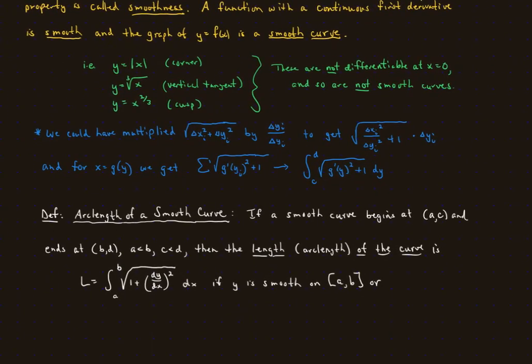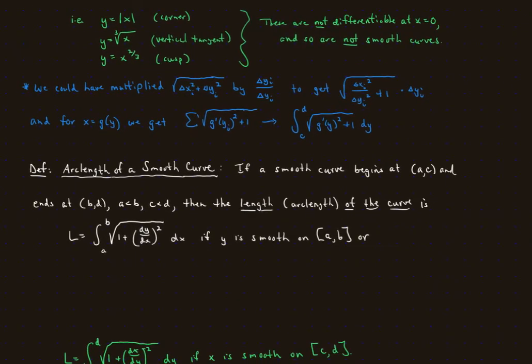Now, going back to how we derived our formula for arc length, when we chose to multiply top and bottom by delta x sub i over delta x sub i, we could have chosen instead delta y sub i over delta y sub i, and that would have led to eventually, as you can see in that step-by-step, we could have written our formula in terms of a function of y.